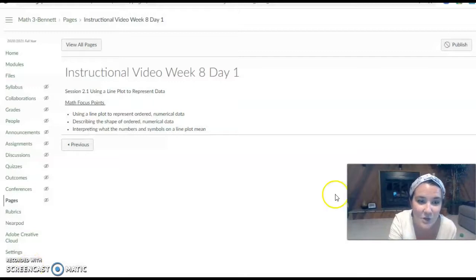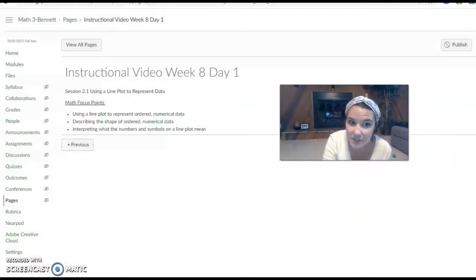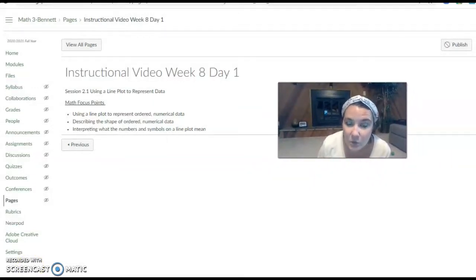All right, so we are continuing to use a line plot to represent ordered and numerical data. So because we have numerical data with number of years, we can use a line plot to display the data, okay?